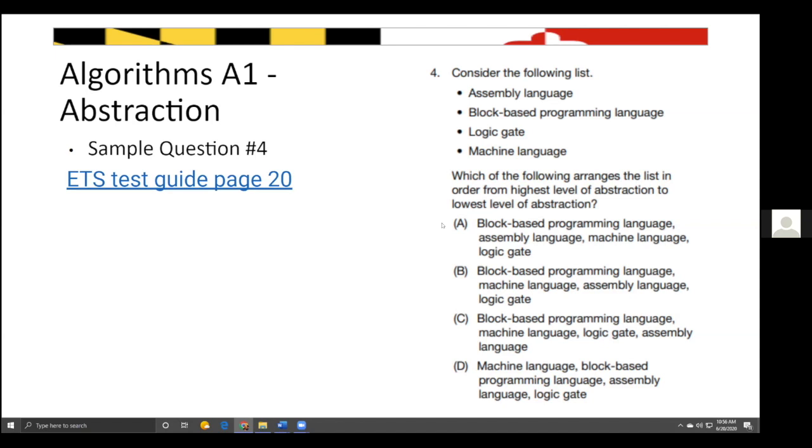So I was thinking B. Okay. Anyone else? A, B? Yeah, A. Yeah, A. I'm gonna stick with A too. Yeah, I think I'm gonna go with A as well.